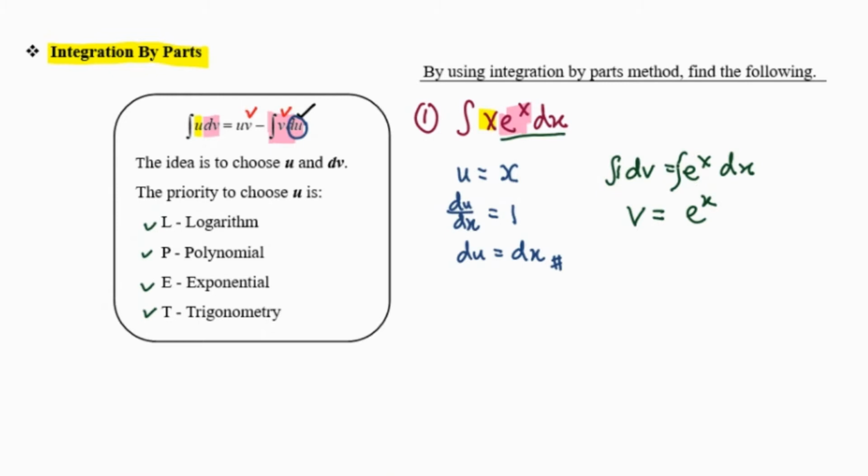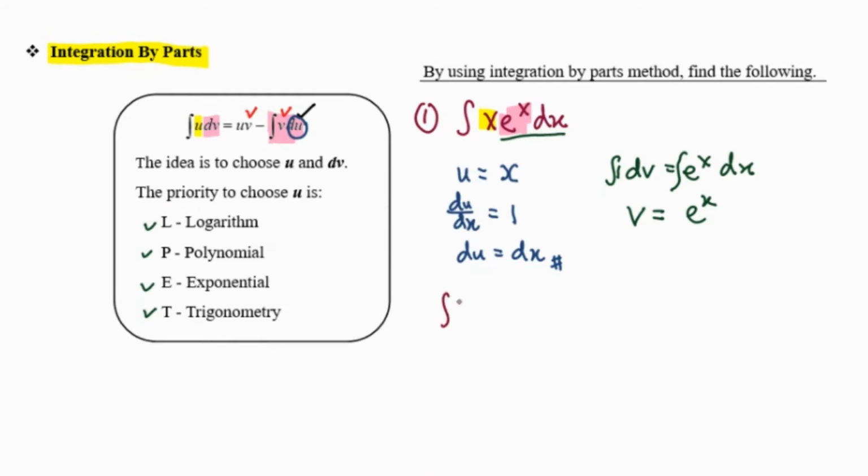Therefore, I remind again, we must be very familiar with the formulas that we learned before in 1.1. For here, we don't need plus c first, because our integration hasn't finished yet. After we get v, we can substitute into our integration by parts formula.